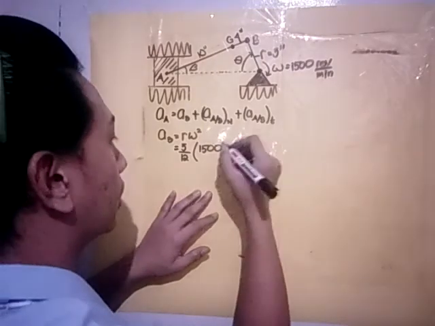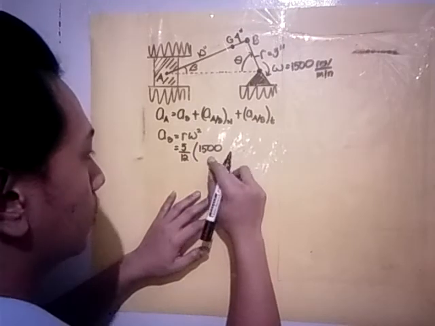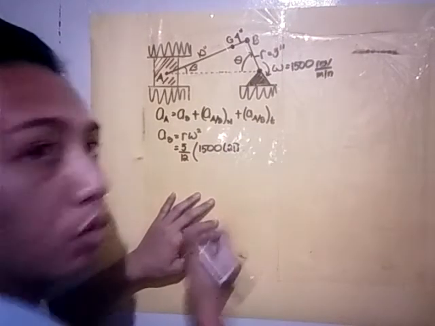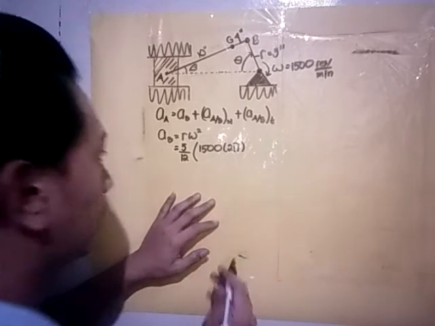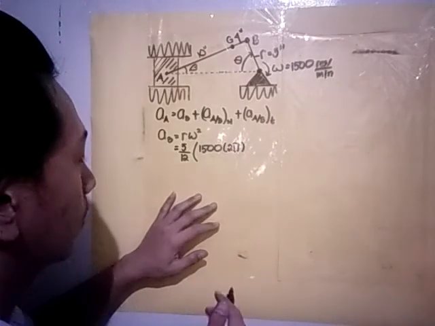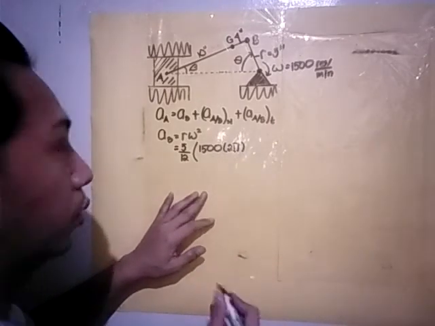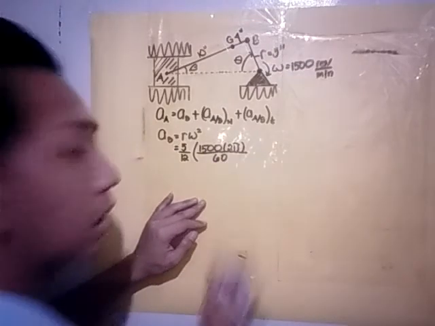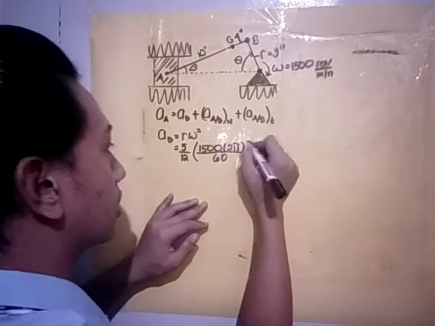So 1500 revolutions, converted into radians, I multiply by 2 pi. Converting per minute to per second, I divide by 60 seconds.